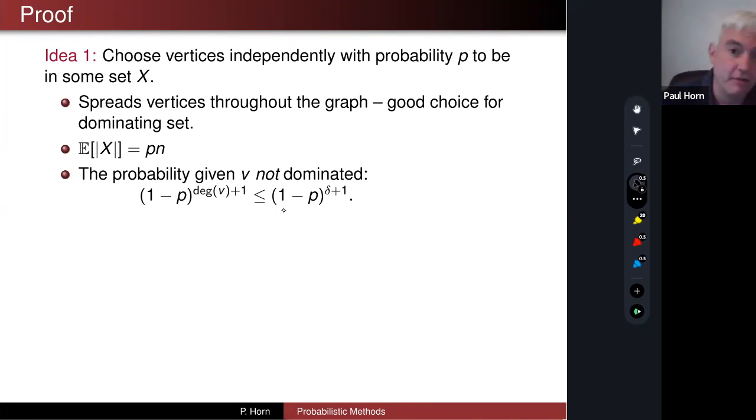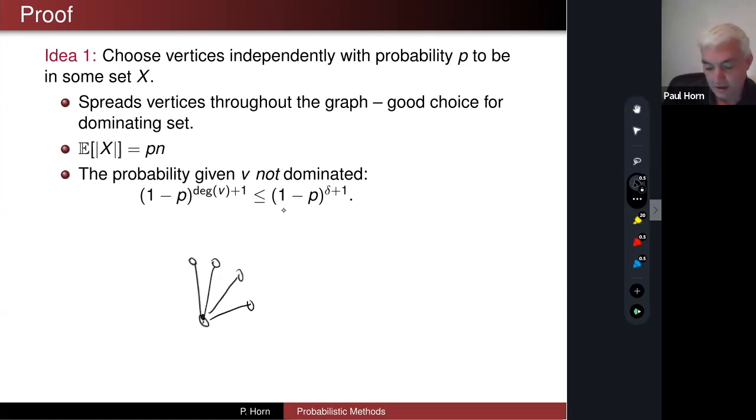But I can figure out the probability of a vertex not being dominated. Well, it depends on its degree, right? If I have a vertex, what does it mean for it not to be dominated? It means I didn't pick it to be in my set, and I didn't pick any of its neighbors.